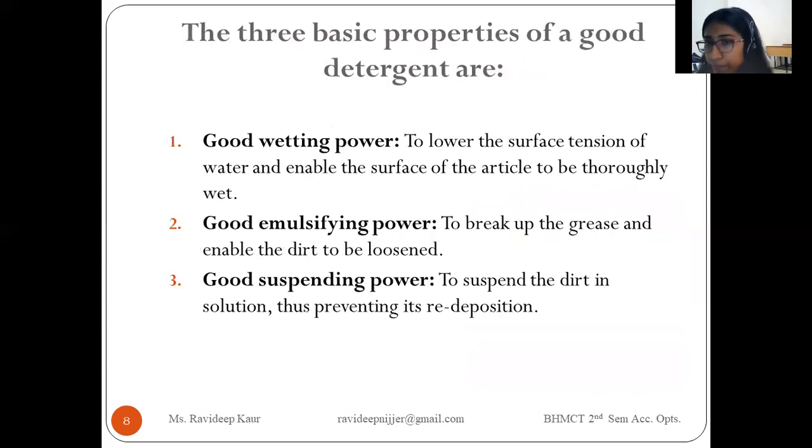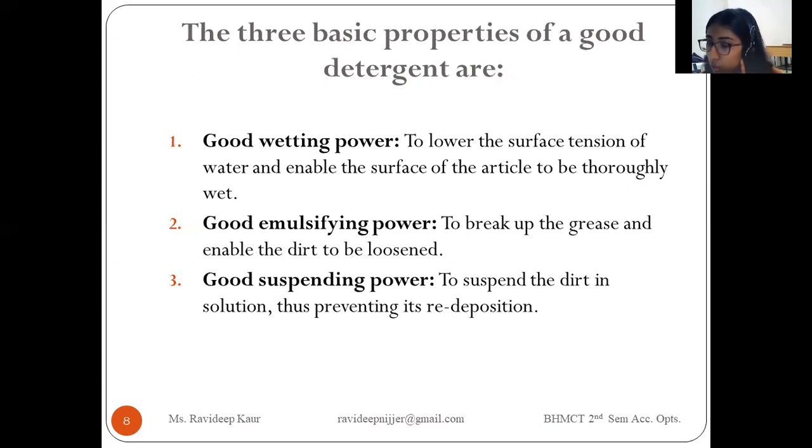Moving forward, we'll study the three basic properties of a good detergent: good wetting power, good emulsifying power, and good suspending power.